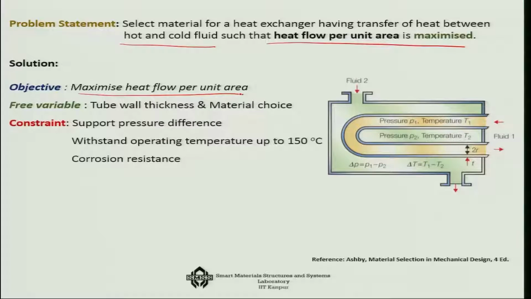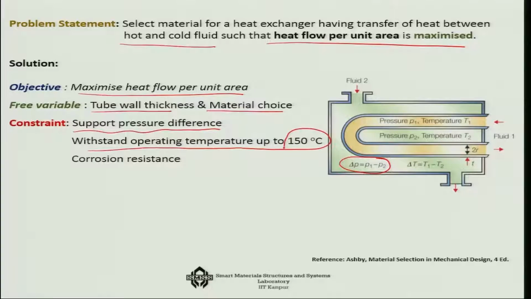And what are our free variables? The tube wall thickness and the material choice. What are the constraints that we may come across? One of them is the maximum pressure difference delta P between the inlet fluid and the fluid outside, and it is important up to what temperature it can withstand.